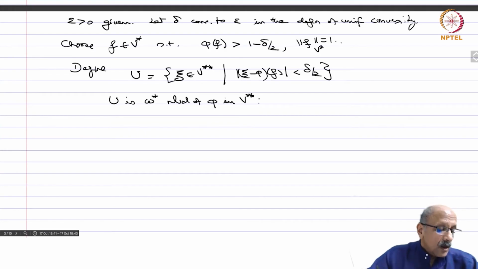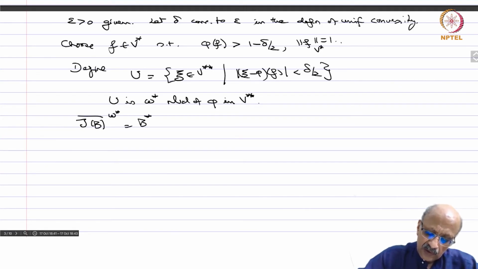So it is a weak star open set, and JB, but what do you know about JB? The closure of JB in weak star is equal to B double star. This we have already seen and used on previous occasions also.